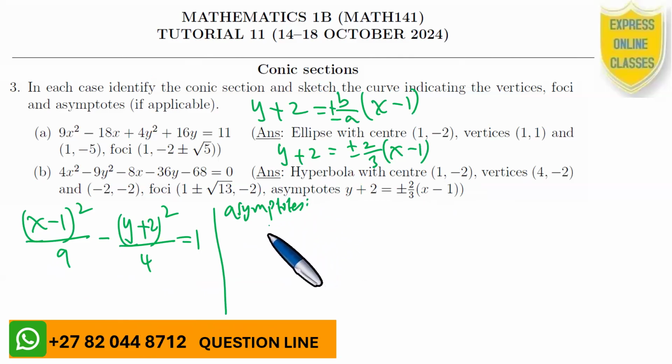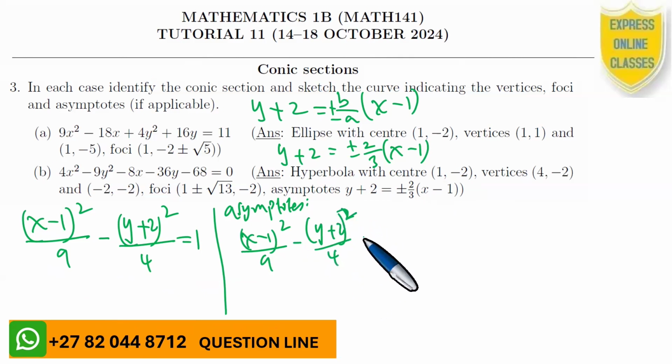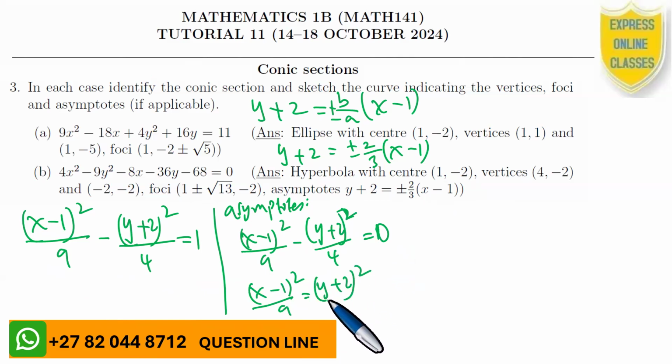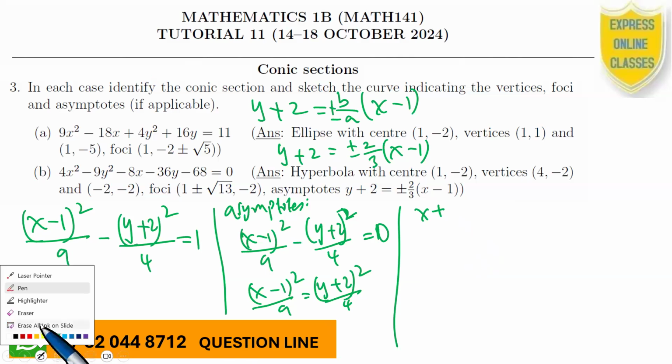And then you come and say you have 0, which is x minus 1 squared out of 9 equals y plus 2 squared out of 4.